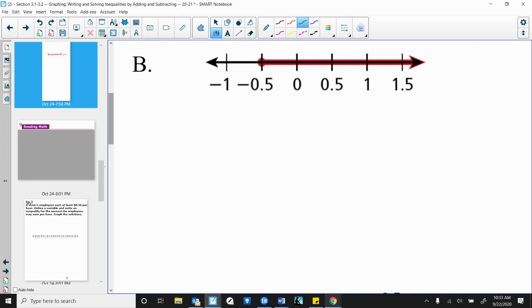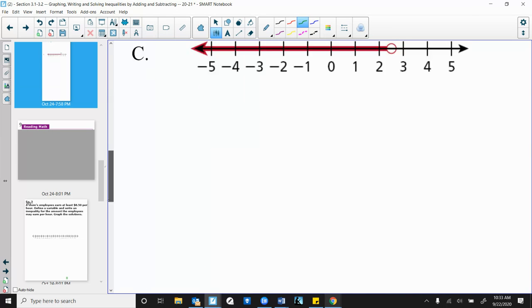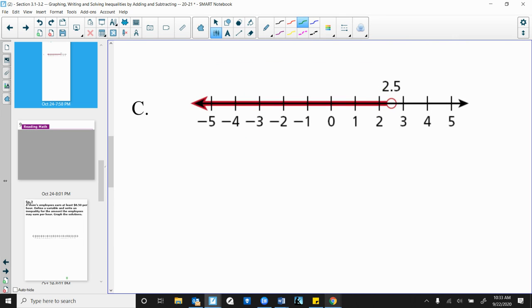I did M. That's a variable. Greater than or equal to negative 0.5. Yep. And C. Lydia. X is less than 2.5. Good. Nice. Any questions on anything there?